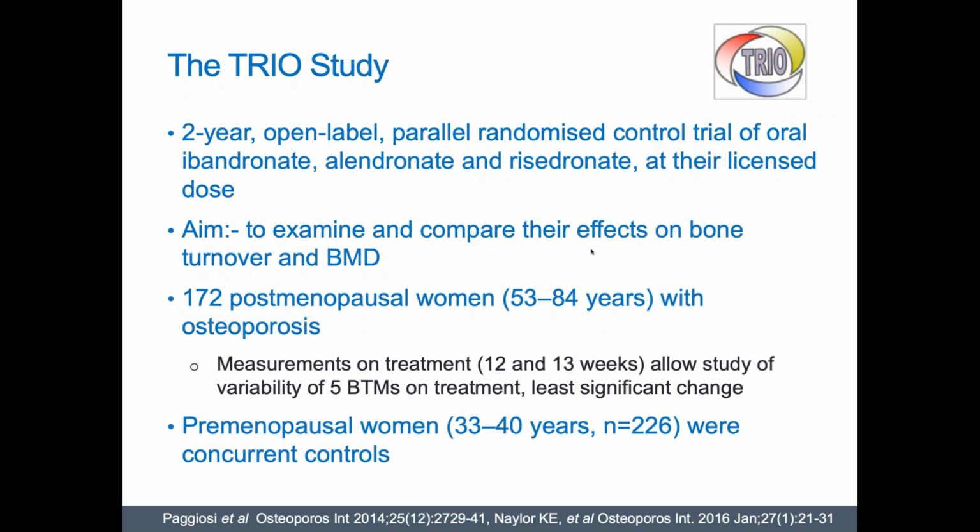Also, we recruited concurrently a group of premenopausal women, 226 of them, who had reached maturity. And we think that skeletal maturity occurs somewhere between 33 and 40 years. And this allowed us to have a strong reference range against which we could compare the postmenopausal women with osteoporosis.